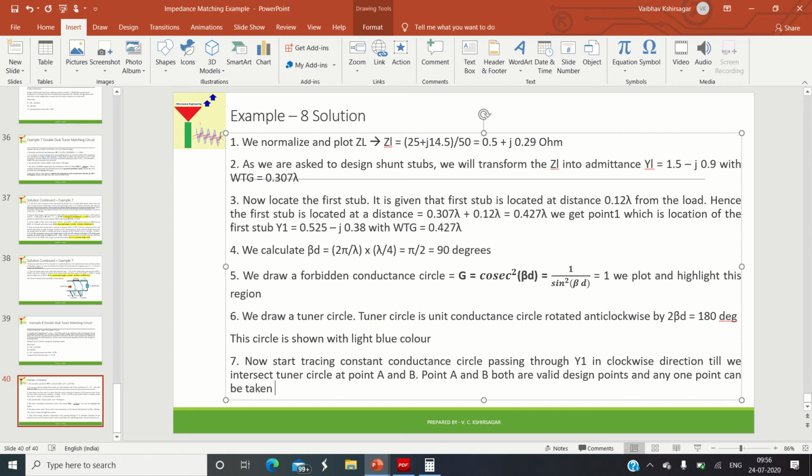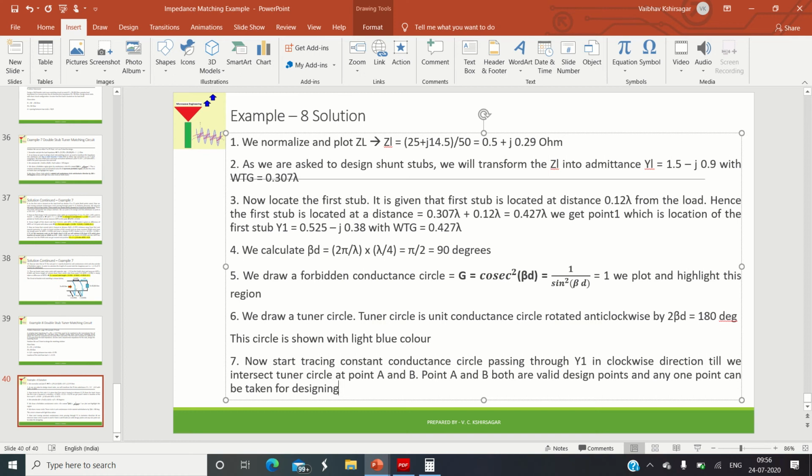can be taken for designing, because we know that if you take both of these two points we will get two unique solutions to design the first step. So it is not required right now to design the two different solutions. So I will go ahead and take point A for design consideration.